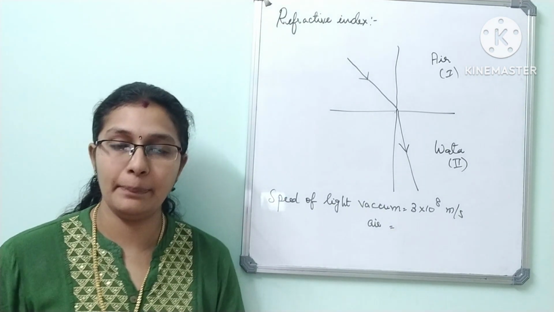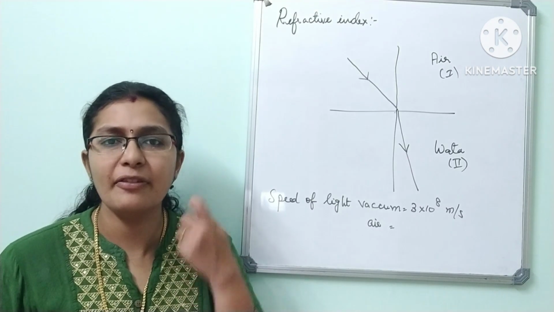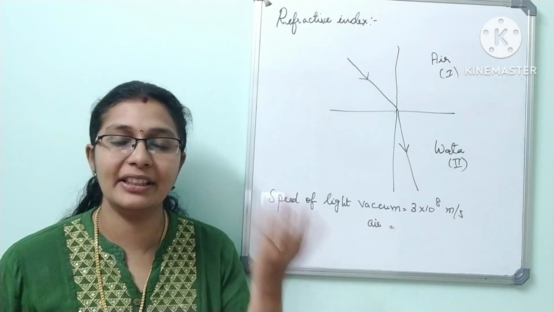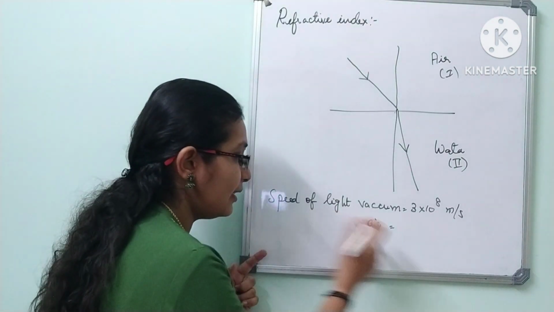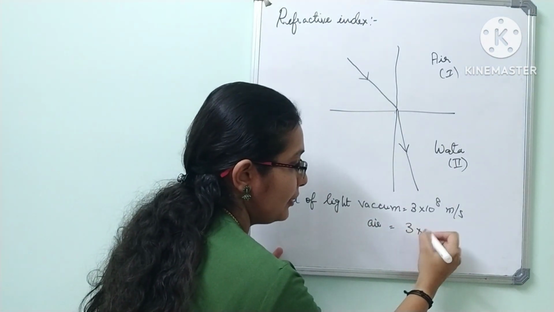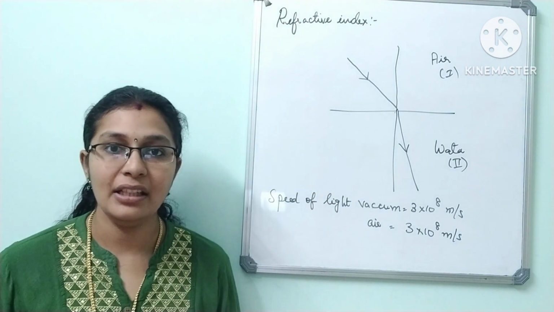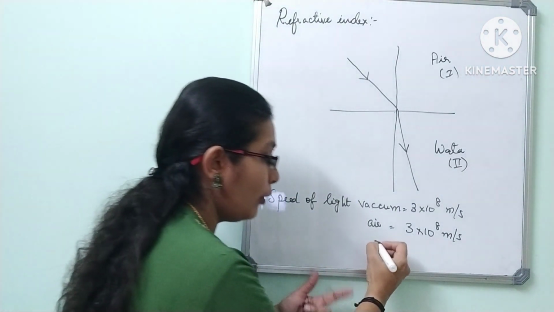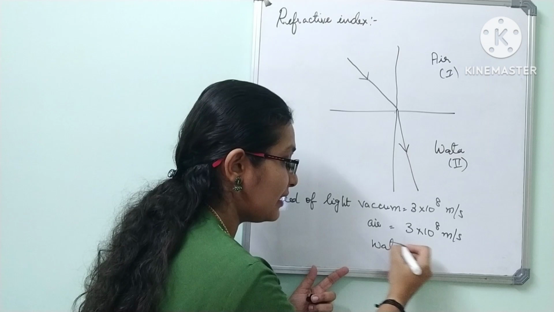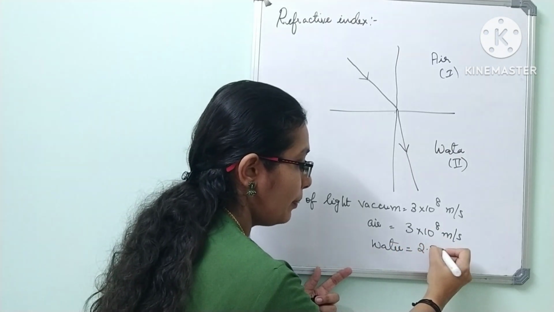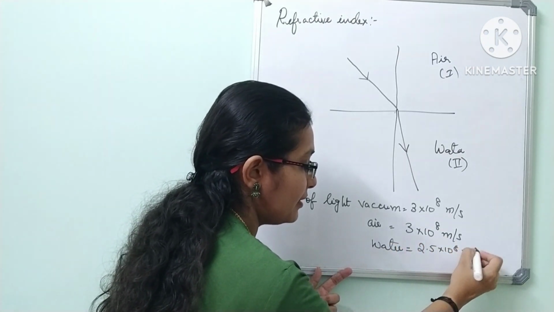But since the value is very small, it can be neglected. So we will consider the speed of light in air also to be 3 into 10 power 8 meter per second. Clear? Yes. The speed of light in water is comparatively less than this, 2.5 into 10 power 8 meter per second.